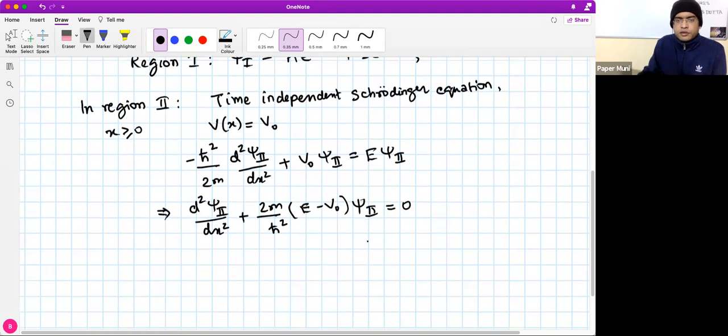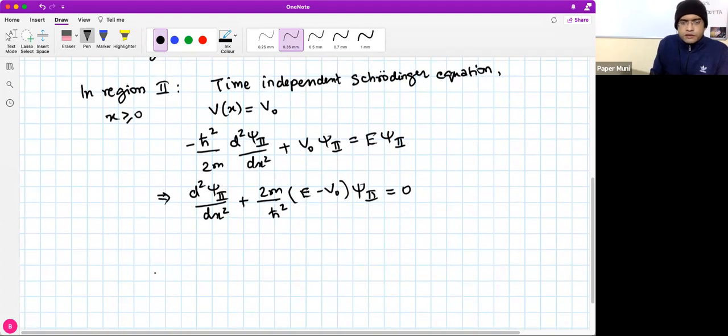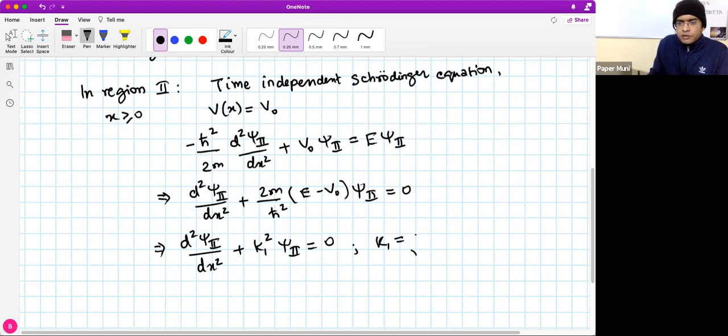Next, we substitute another k which belongs to region 2. We'll put in k1, so that d squared psi 2 by dx squared plus k1 squared psi 2 equals 0, where k1 is the wave number in the second region, k1 squared is 2m(E minus V naught) by h cut square.